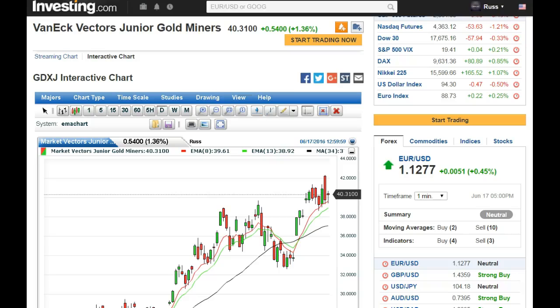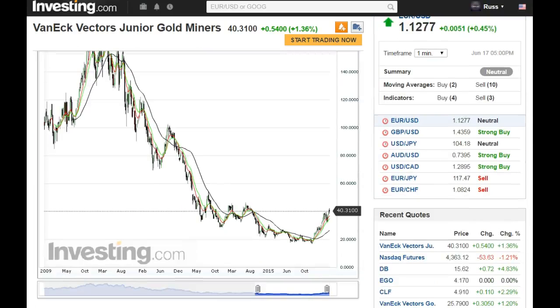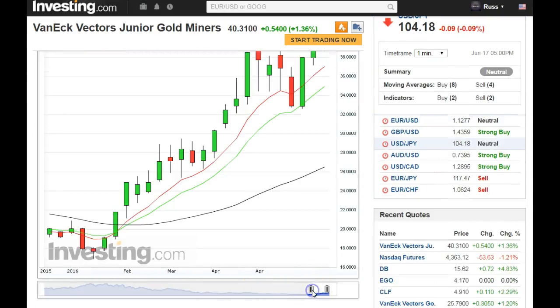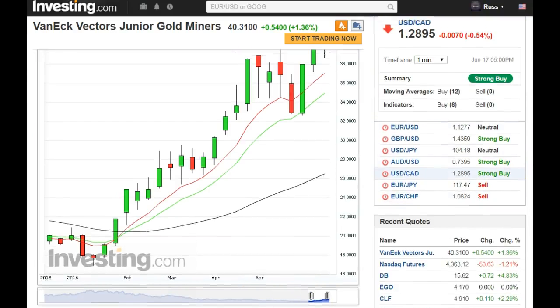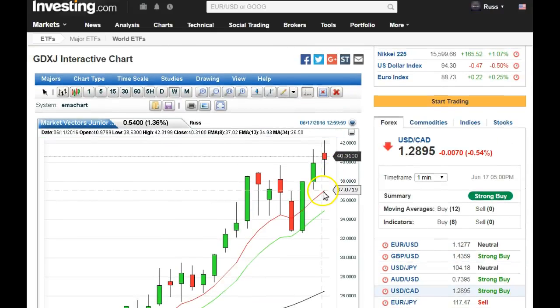GDXJ, same thing, reverse head and shoulders. See the breakout, flat top break, and they head faked you. You can see the bounce right off of support. Use the weekly support as your friend. But the only thing is, the weekly support is way down. So it just wasn't ready.